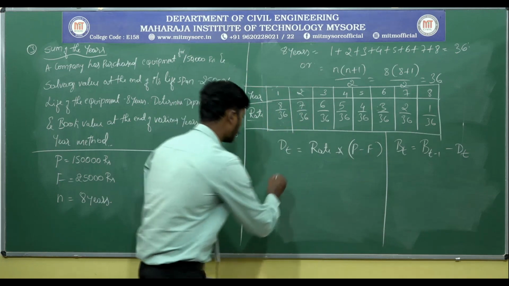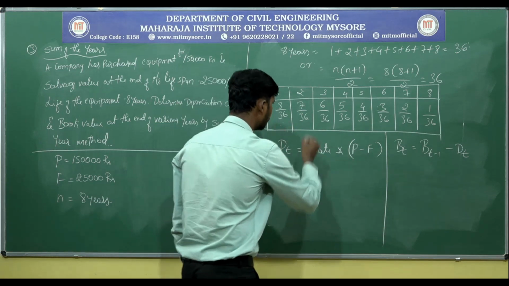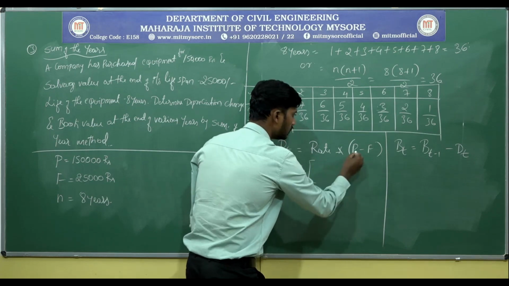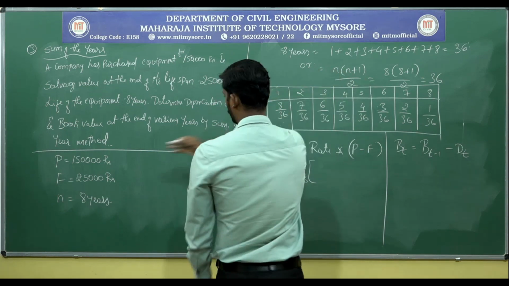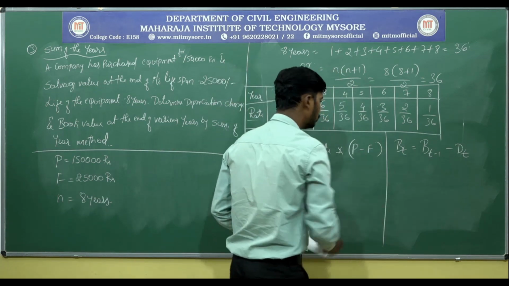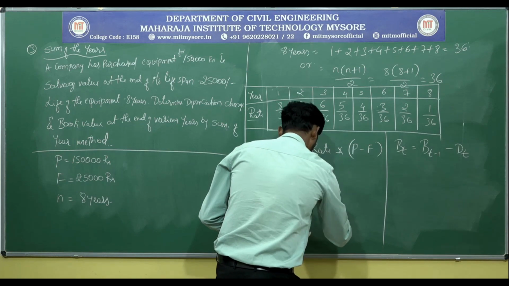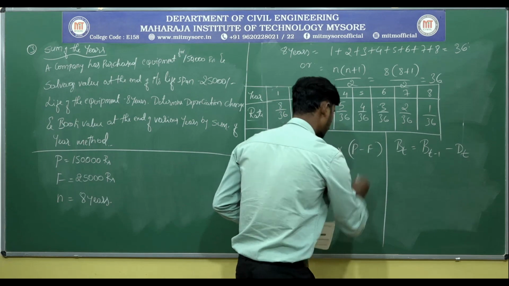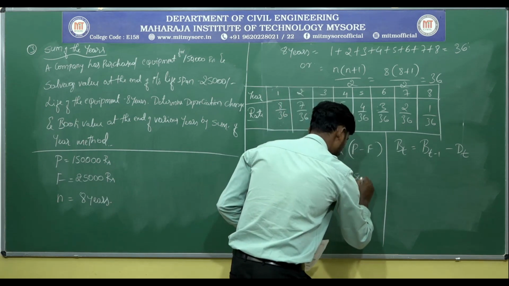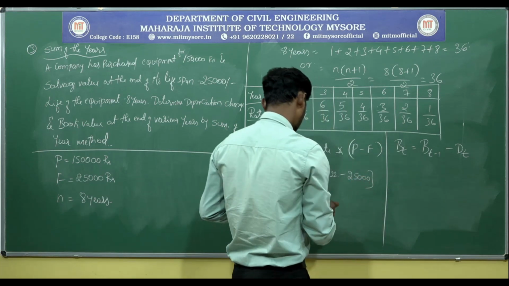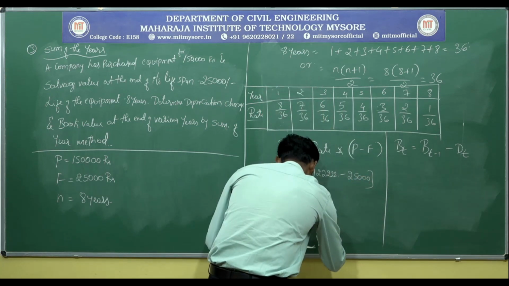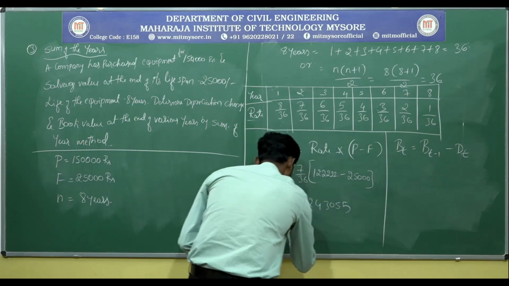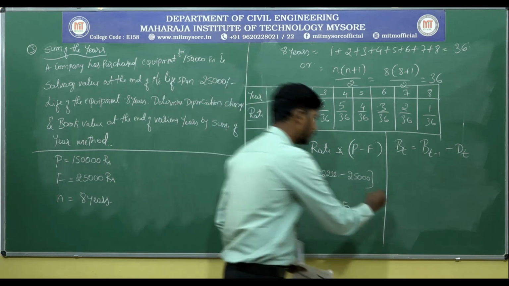D2 is equal to rate 7 divided by 36 multiplied by, for P, whatever previous value you got, that you should use, 1,22,222, minus the F value which remains constant, that is 25,000. If you deduct this, you are going to get 24,305.5 as D2.